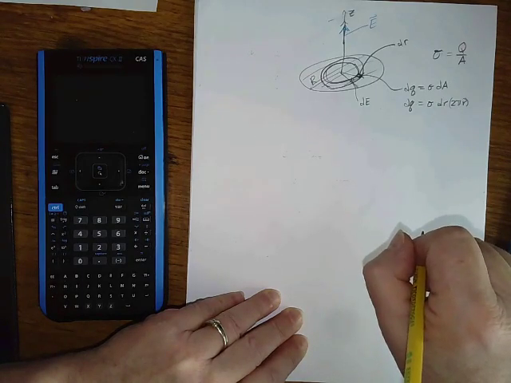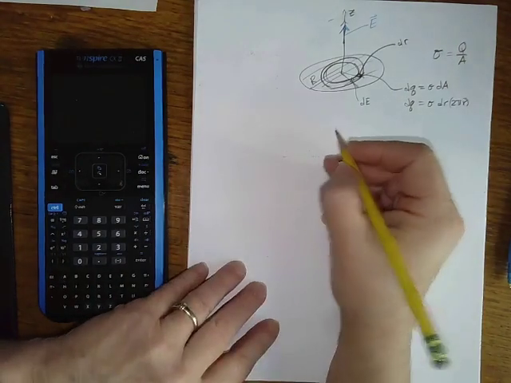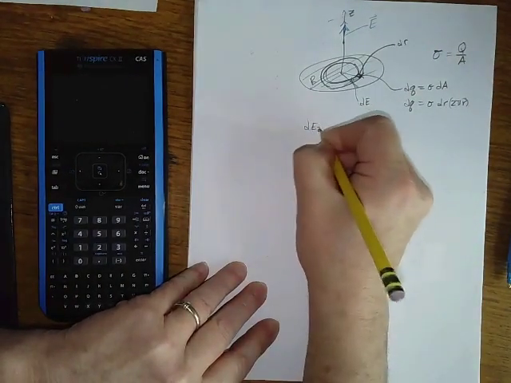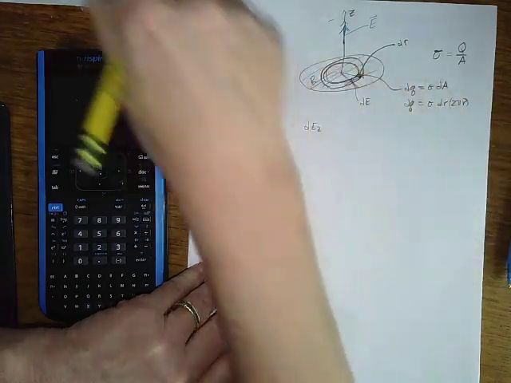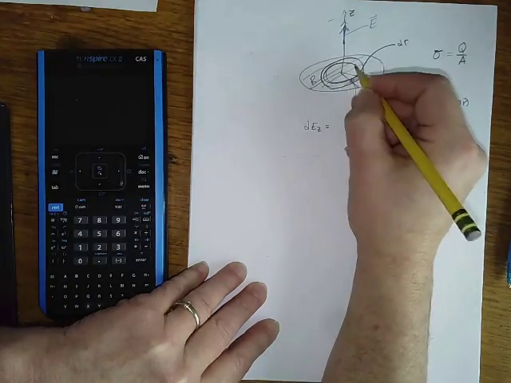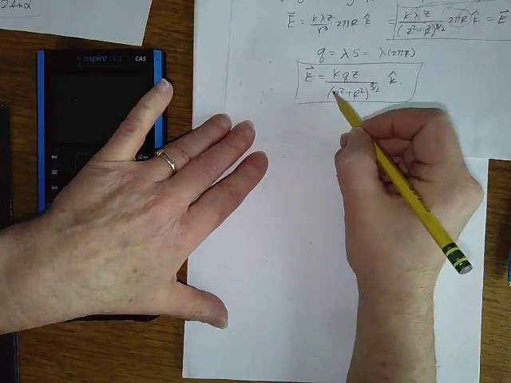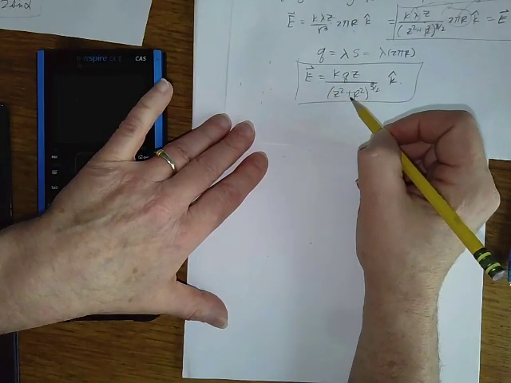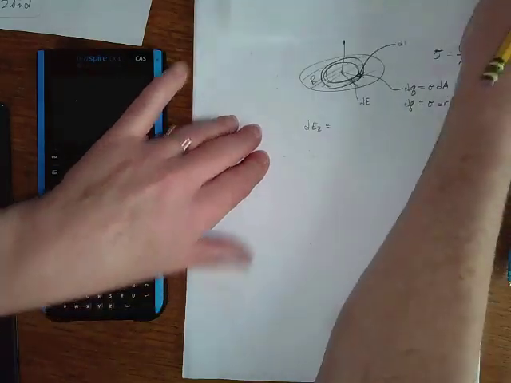Yes, looks good. All right, we can use our dEz from above, because we know that our dEz this time is going to be our E from before, and then we can put in a dq instead and go out, making more and more little rings.